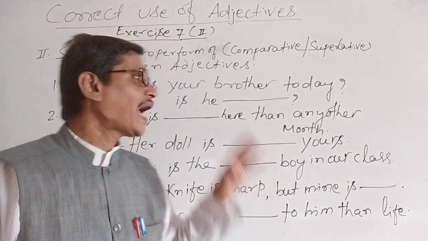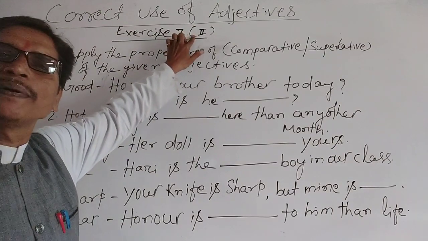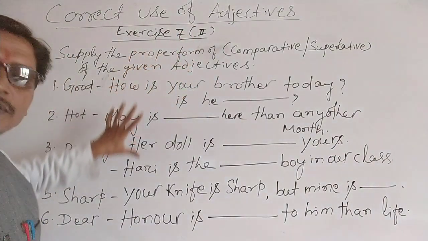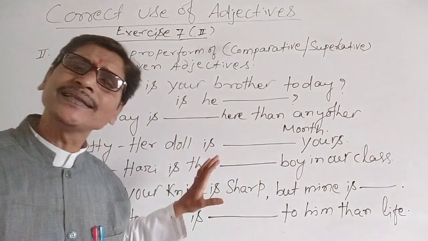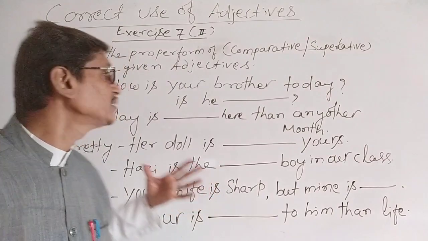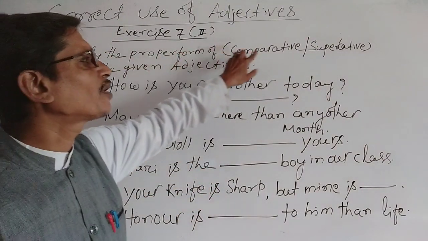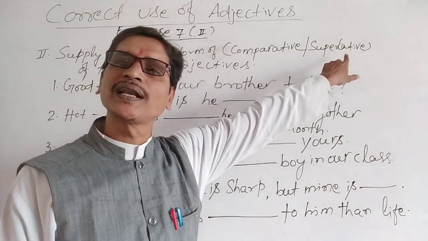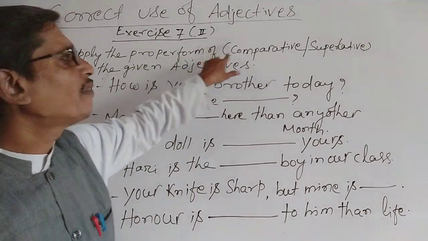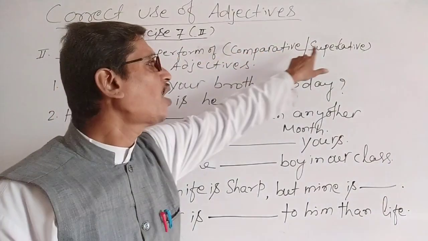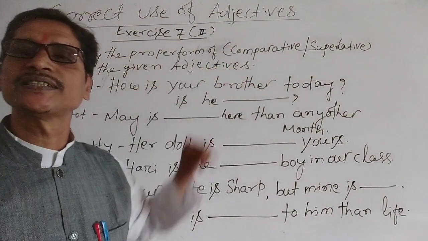Dear students, I have written part 2 of exercise 7, some sentences with blank spaces. What is the instruction? Supply the proper form of comparative or superlative of the given adjectives.